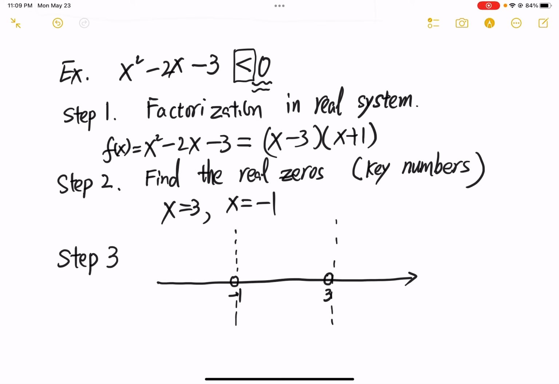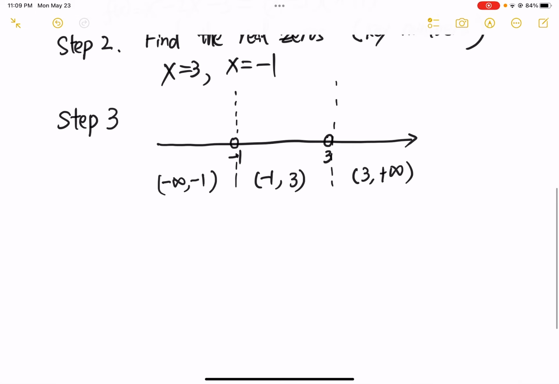This part is -infinity to -1, this part is -1 to 3, and this part is 3 to positive infinity. These are called the test intervals.